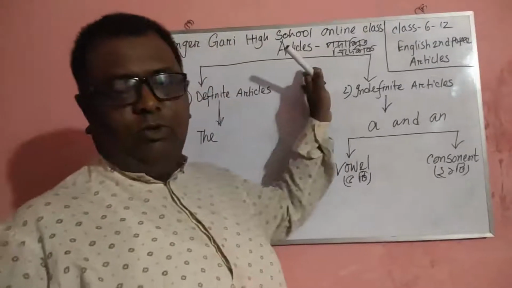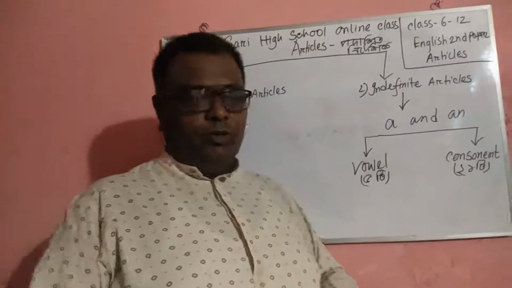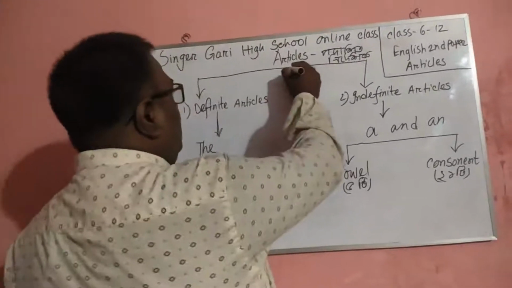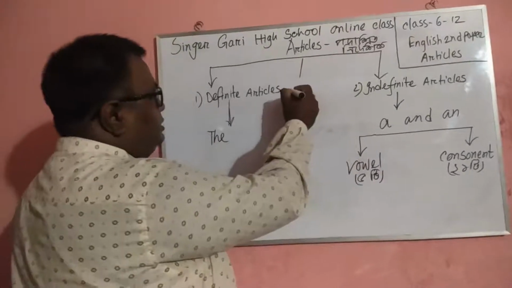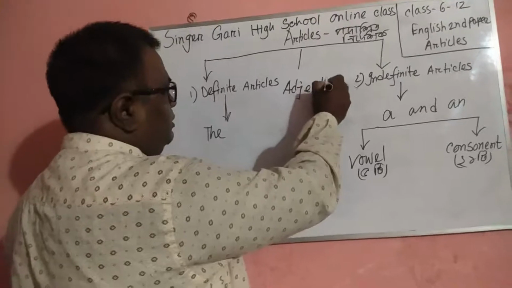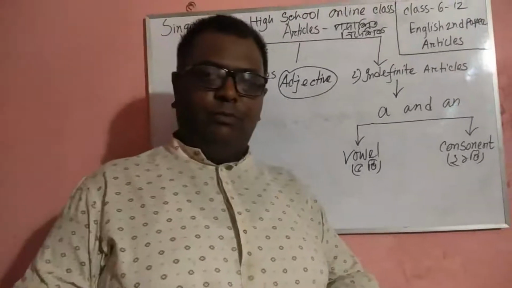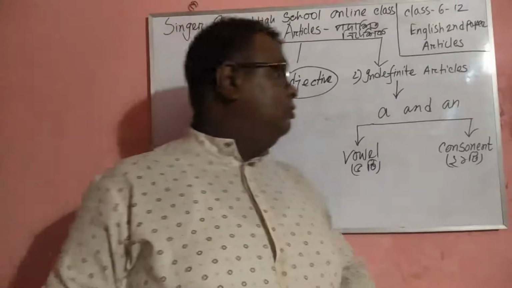At first, you know article in Bangla is পদাশ্রিত নির্দেশক, and article is a part of adjective. So, do you know what is adjective? Yes, I think you know.